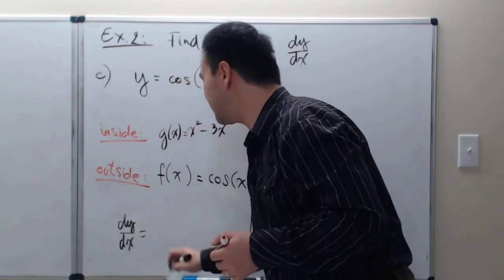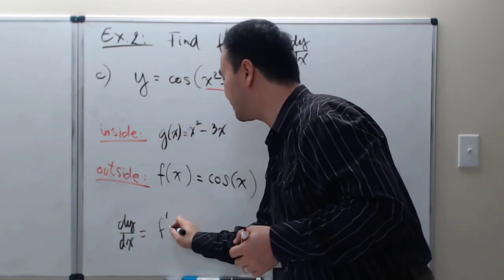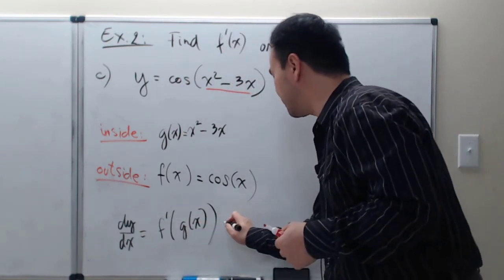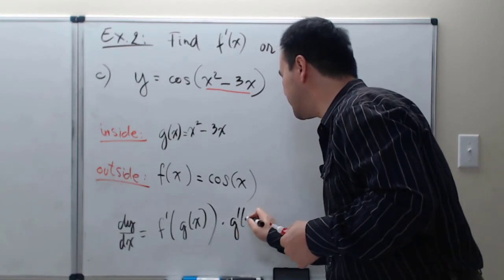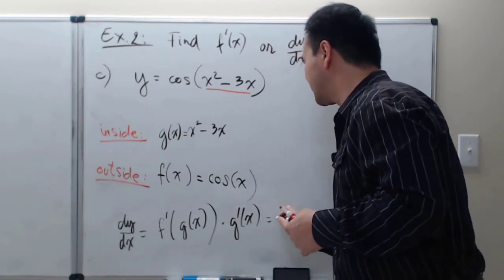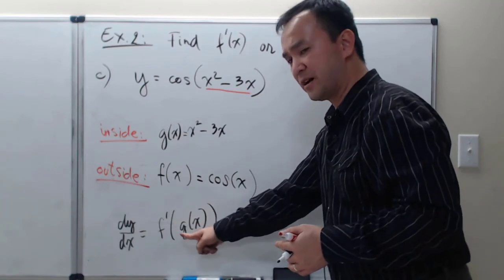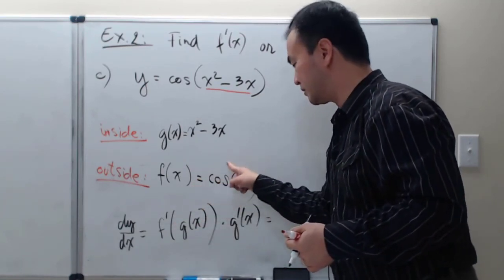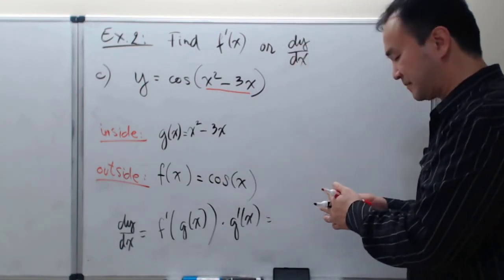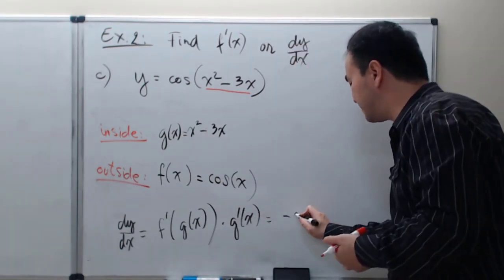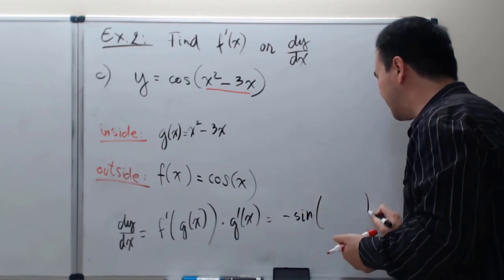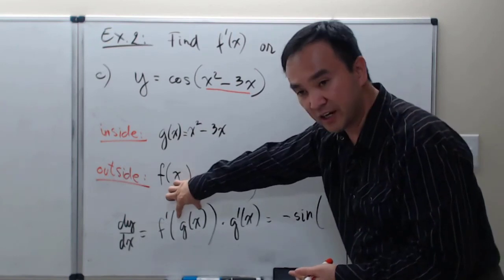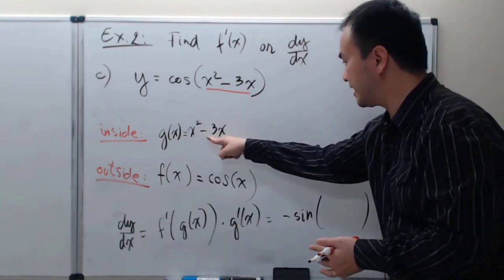All right. And so the derivative dy dx: the chain rule says I need to find f prime evaluated at g, and then multiply with g prime of x. The outside function is cosine, so the derivative of cosine is simply negative sine. But now instead of x, I'm going to leave that wide open, ready for substituting in g of x, which is x squared minus 3x.